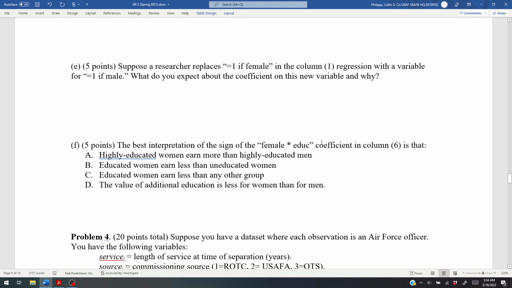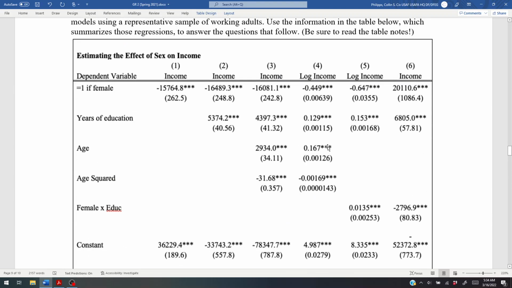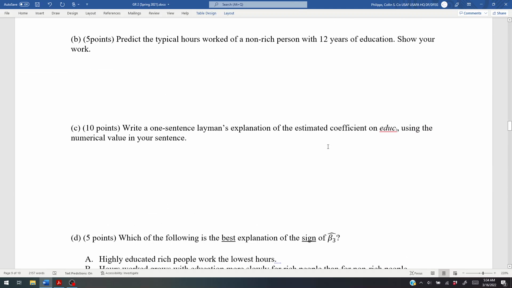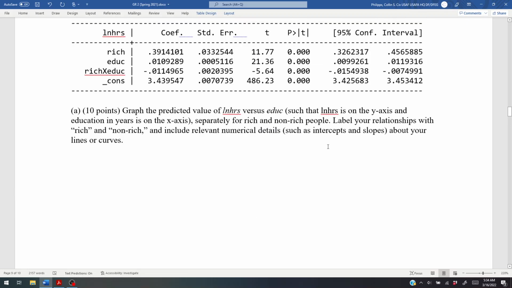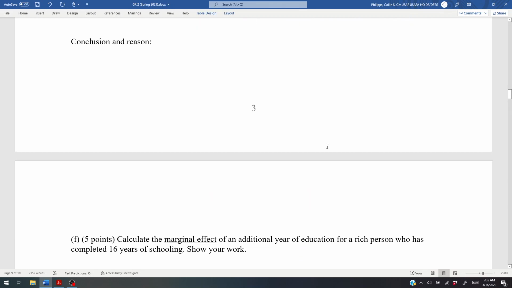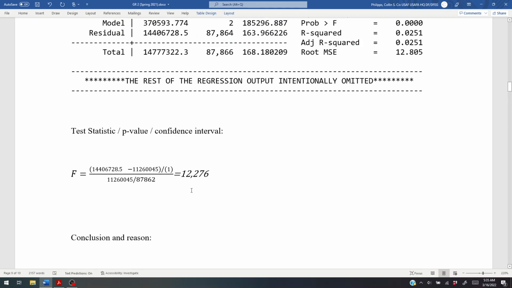Let's have a look at that estimate one more time. F-crit is 3.8. It's not even close, right?